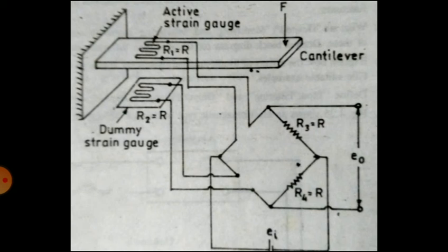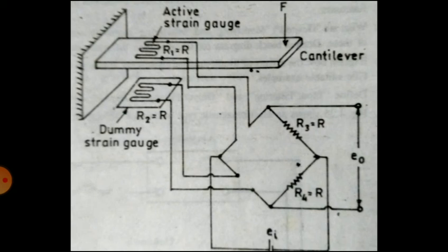Then the change in resistance in active strain gauge R1 will be delta R1, and the change in resistance in the dummy strain gauge will be delta R2. These two strain gauges are connected to the Wheatstone bridge circuit.